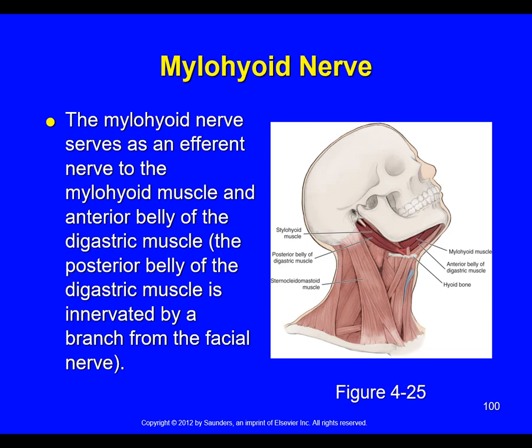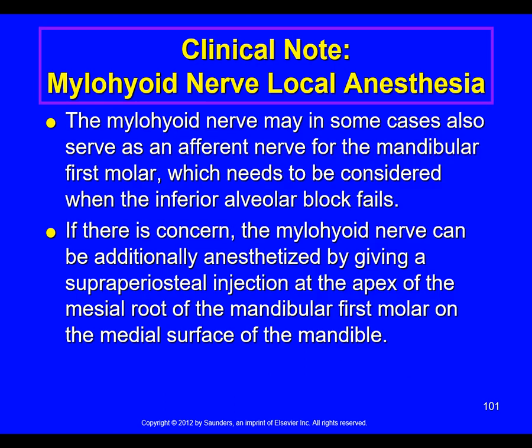Here's the mylohyoid nerve. So the mylohyoid goes to the mylohyoid muscle, efferent to the mylohyoid muscle and the anterior belly of the digastric muscle. The posterior belly of the digastric is innervated from the facial nerve. And in some cases, this is an afferent or sensory branch for the mandibular first molar.